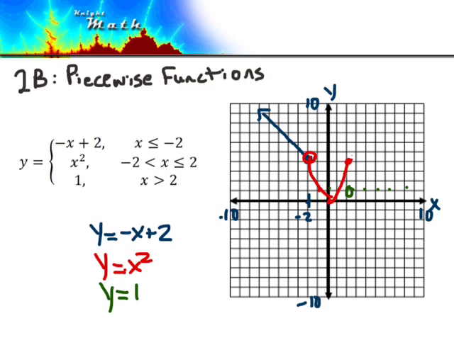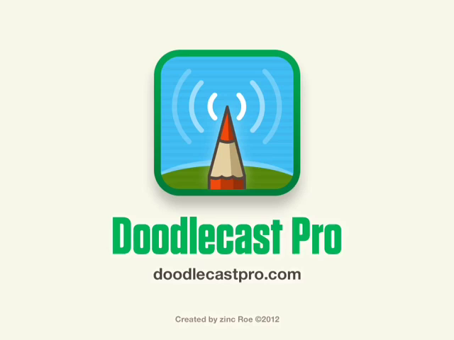So we're going to put a little hollow dot there, or open dot. I'm going to graph it to the right. So there's the line, y equals 1, for x greater than 2, and we cut it off here. All right, so this thing pieced all together is our piecewise function. And that is how we graph a piecewise function.